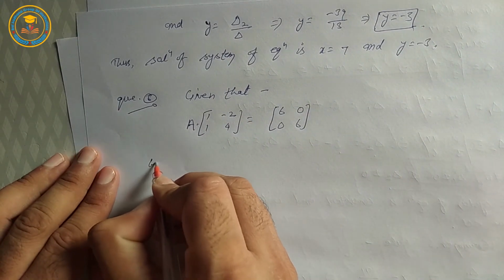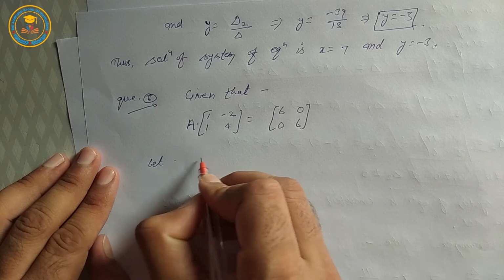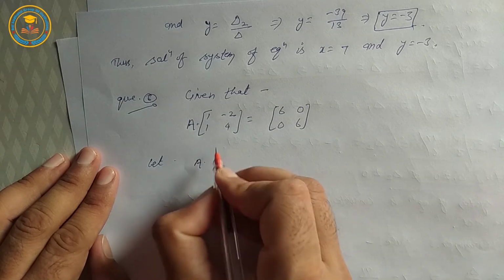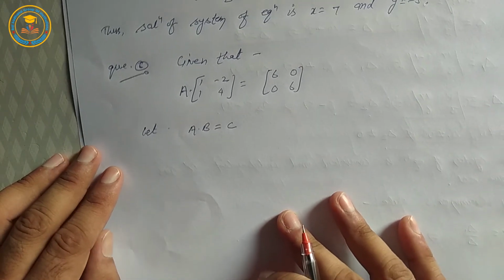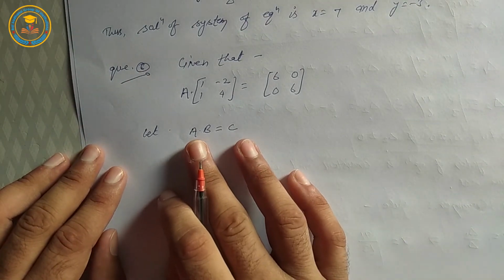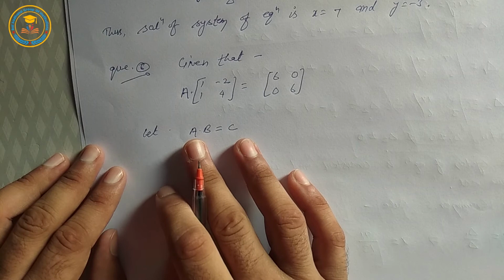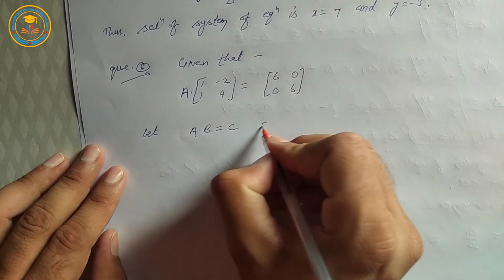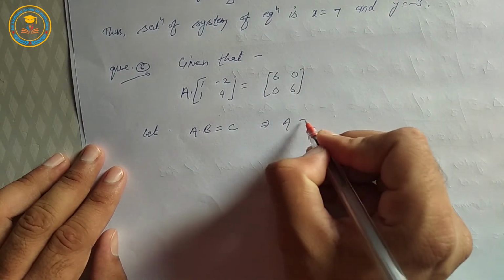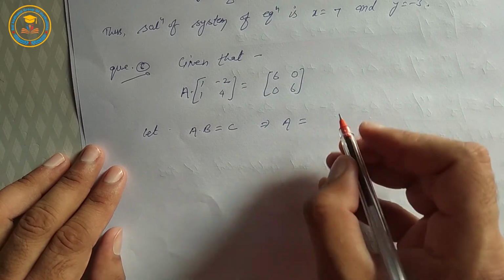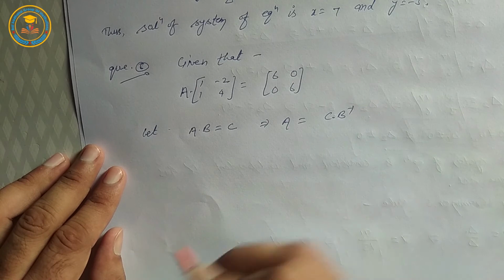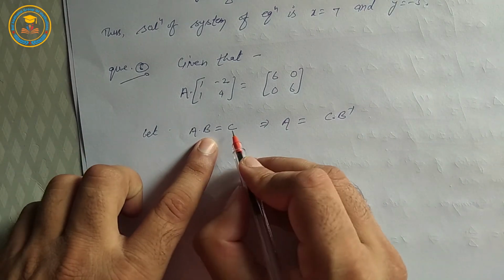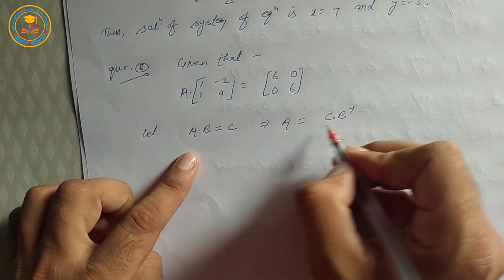Let A into B is equal to C. To find the value of matrix A, matrix A is equal to C into B inverse.